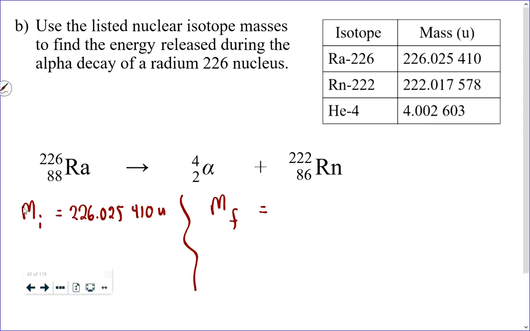Afterwards, we have the radon-222, and we have the alpha particle. This is interesting because Darius said helium. Well, I've got helium-4 up there, which is the mass of an alpha particle.